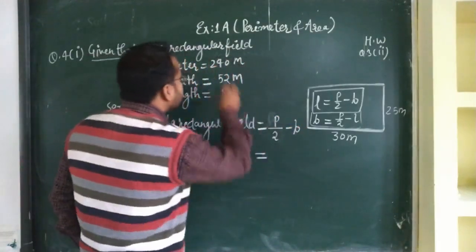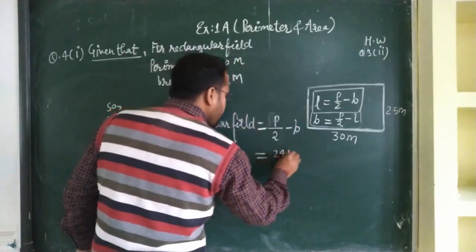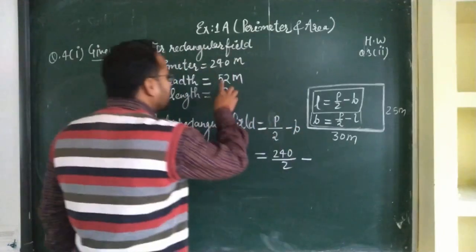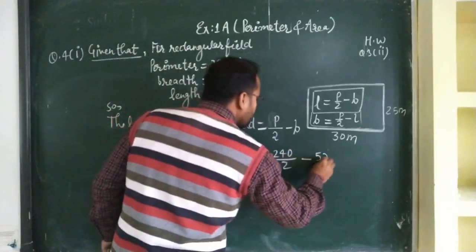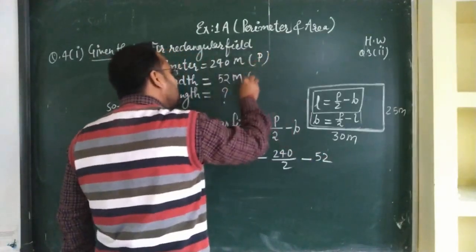So you know that the perimeter is given as 240, divided by 2, and the breadth is given as 52. This is the perimeter and this one is the breadth.